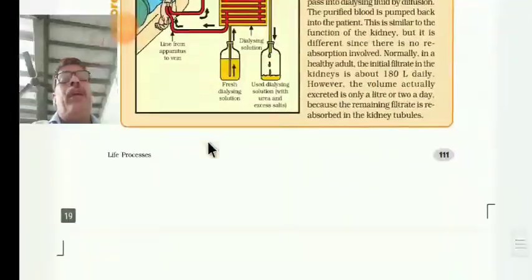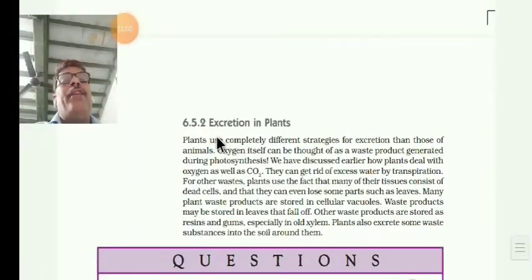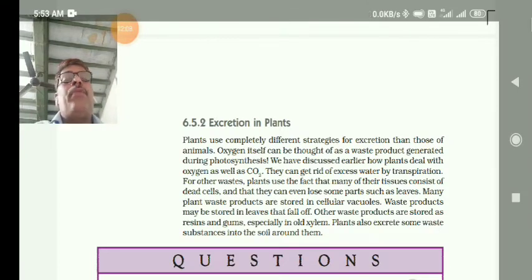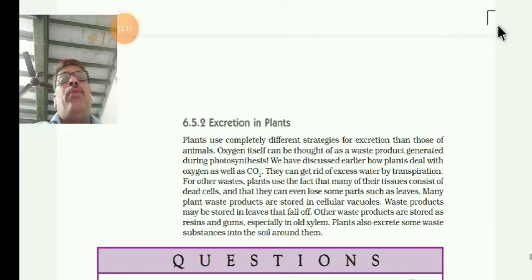Now you will see excretion in plants. What is excretion in plants? Excretion in plants is different from human beings. Plants use completely different strategies for excretion than animals.